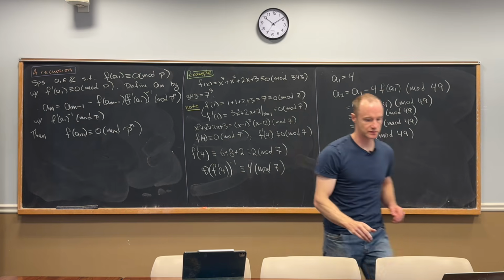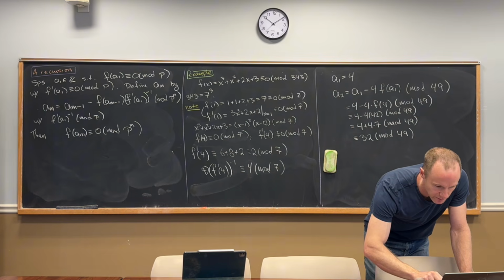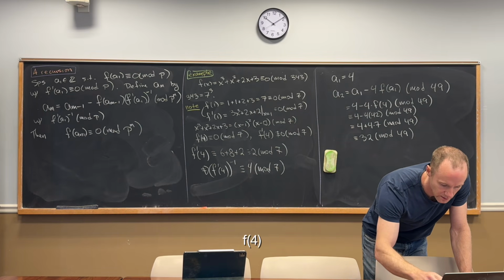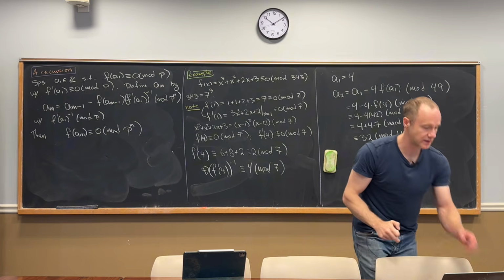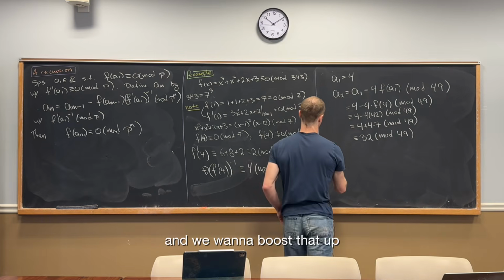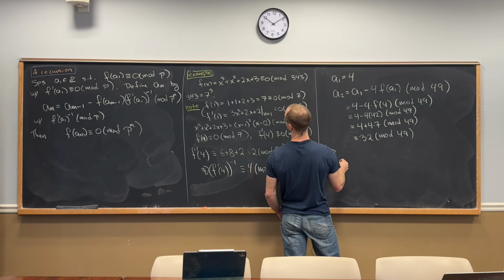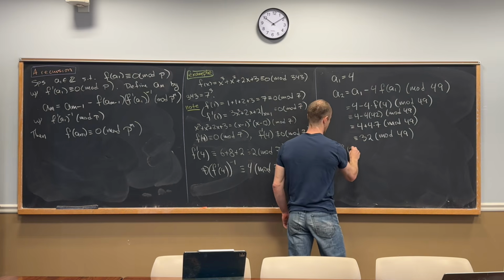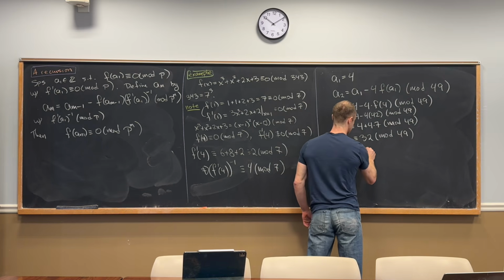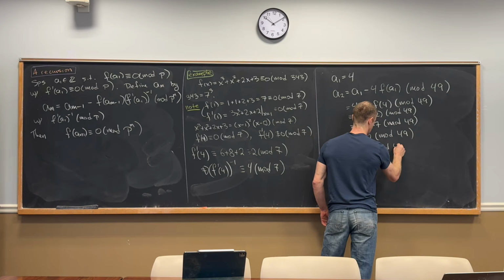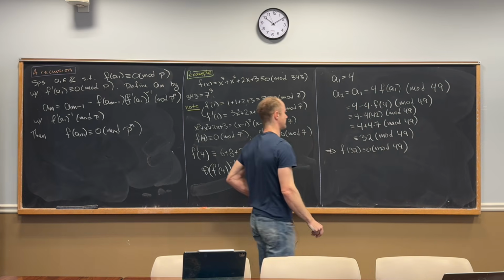So that's our solution to f of 4, and we want to boost that up now. So this tells us that f of 32 is congruent to 0 mod 49, right?